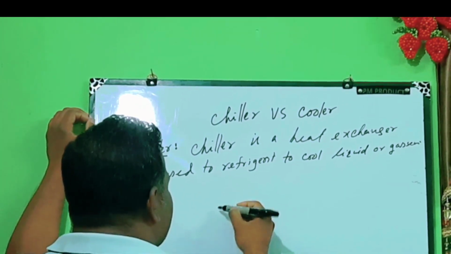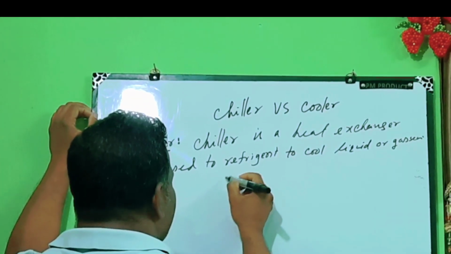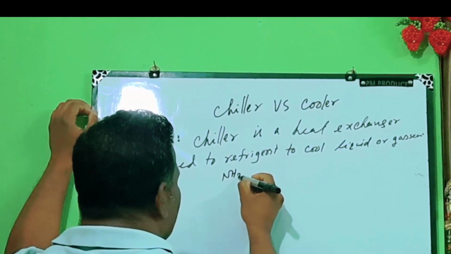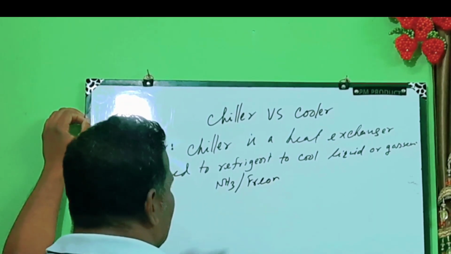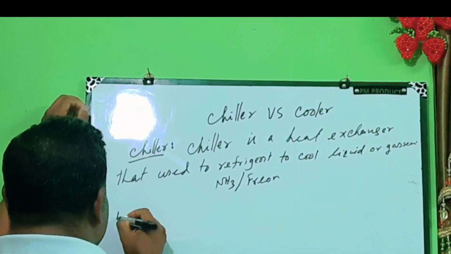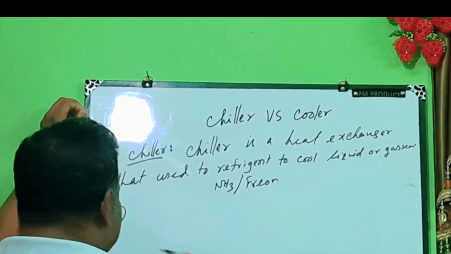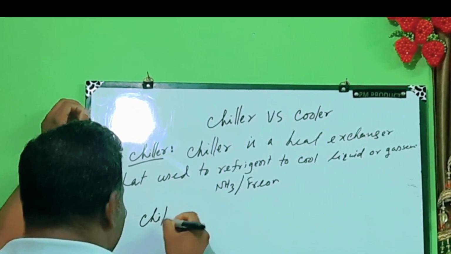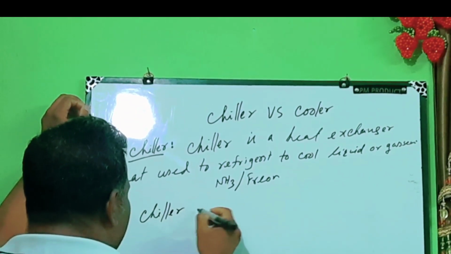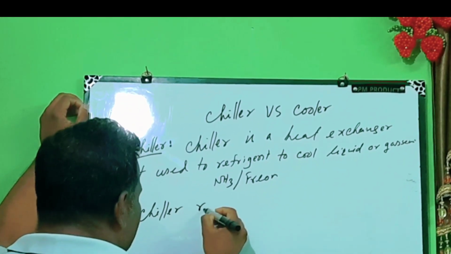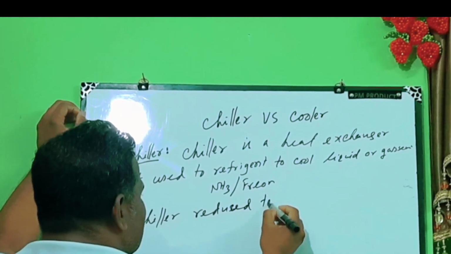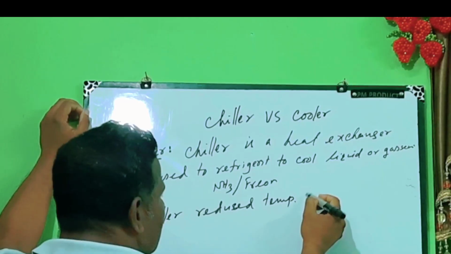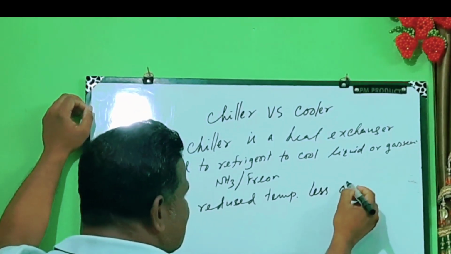As a refrigerant, companies are using ammonia and freon gas. Only a chiller can reduce the temperature to less than 0 degrees. By this chiller, we can reduce temperature less than 0 degree centigrade.